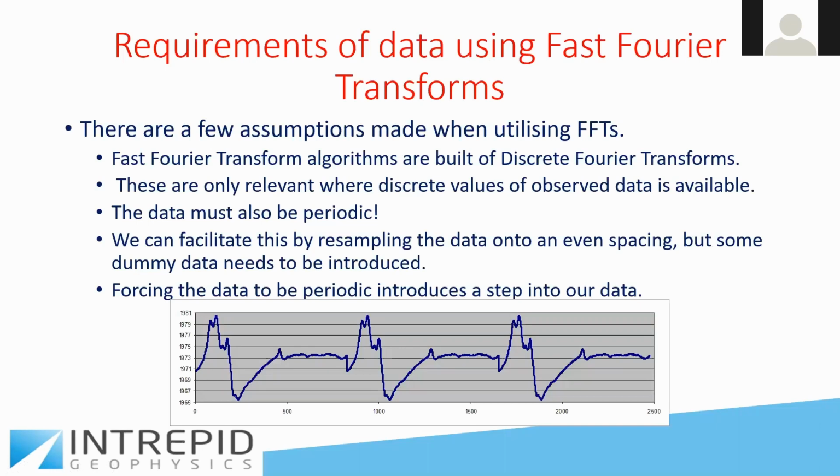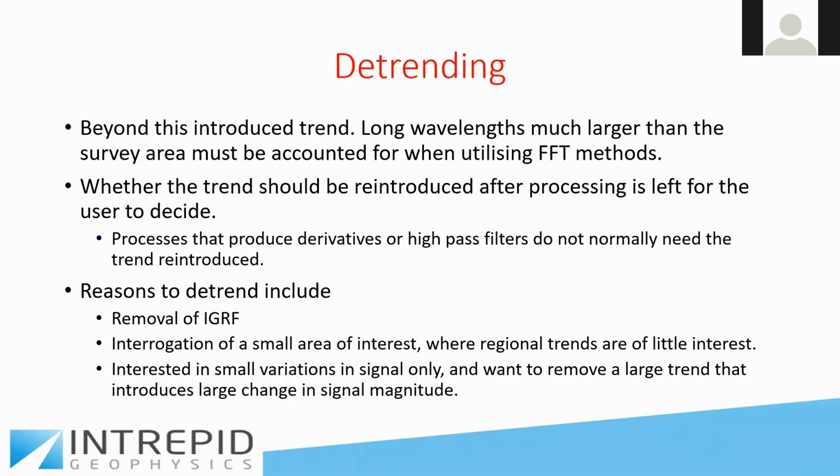You can facilitate this by resampling the data onto an even spacing, but you need to introduce dummy data, and introducing periodicity into the data creates a step in it. You need to be able to deal with this step, and so we do this by detrending the data as part of the Fourier filtering.